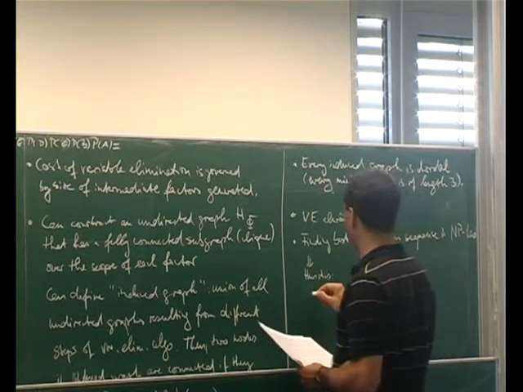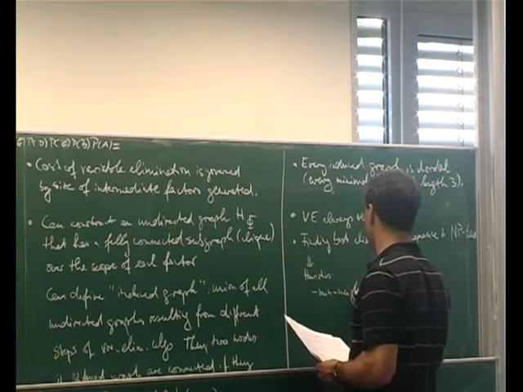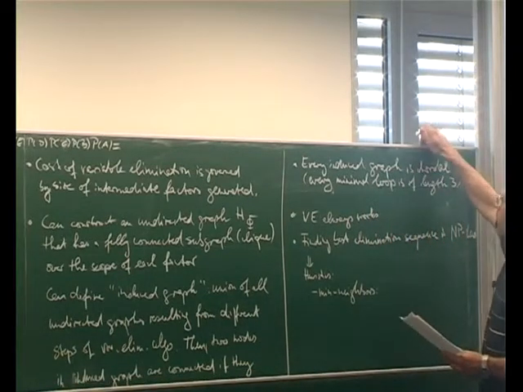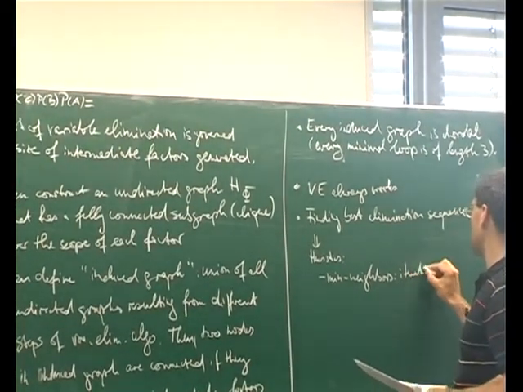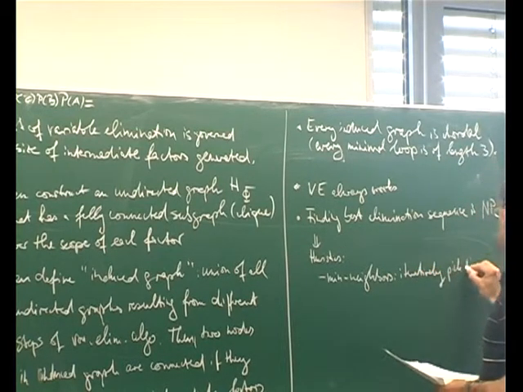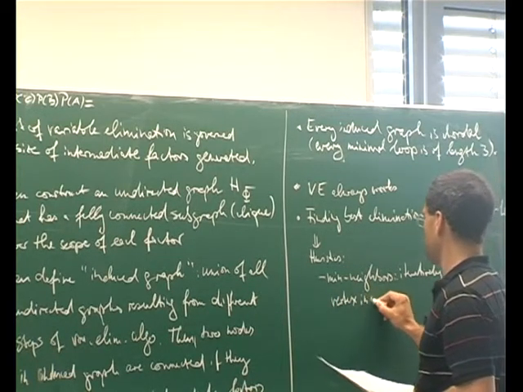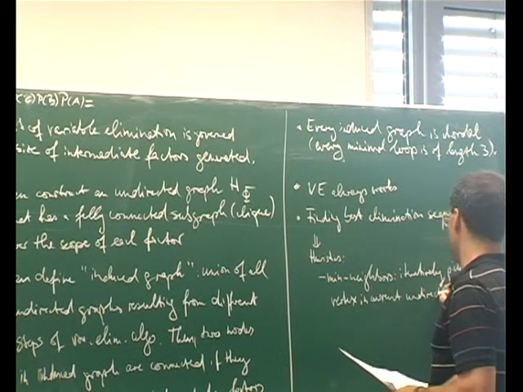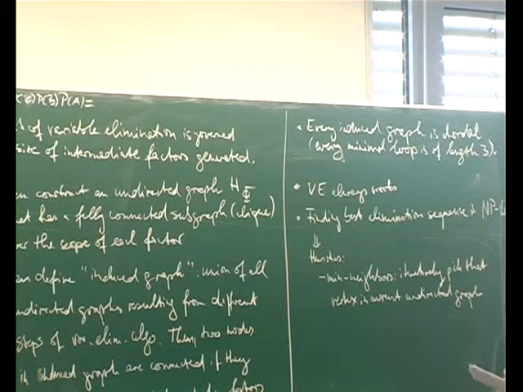For instance, there is the min neighbors heuristic, which iteratively picks that vertex in the current undirected graph which has the smallest number of neighbors.